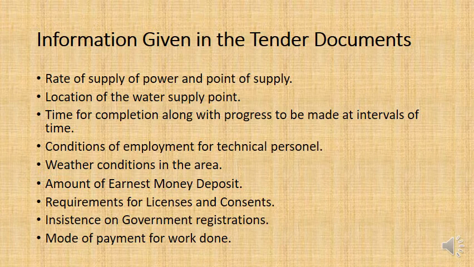Location of water supply points, the time for completion, along with progress to be made at intervals of time. So you've got to say in the tender documents, this work must be completed before the 21st of November.